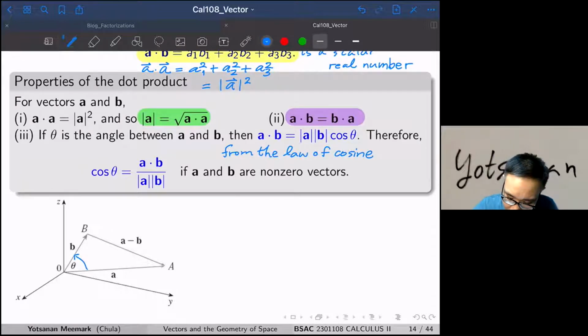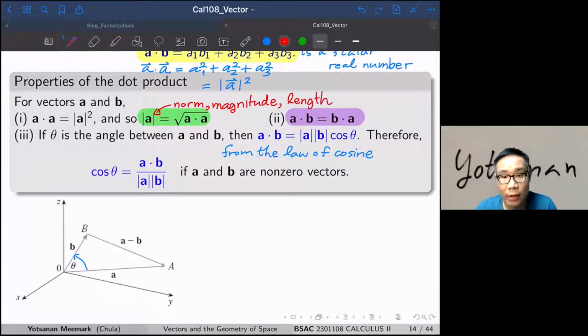Sometimes we call this the norm of A, or the length of A, or the magnitude of A. Norm, magnitude, or length of the vector A all have the same meaning. So A dot B turns out to be equal to norm A, norm B, cos theta.